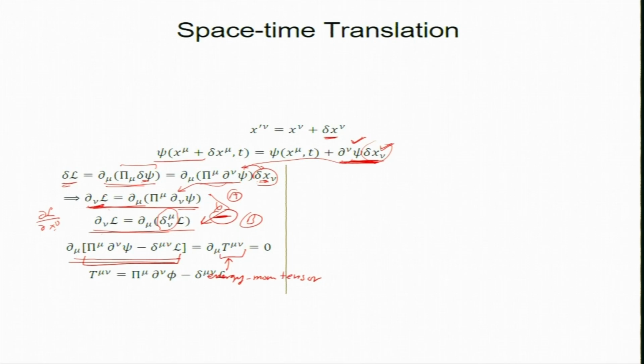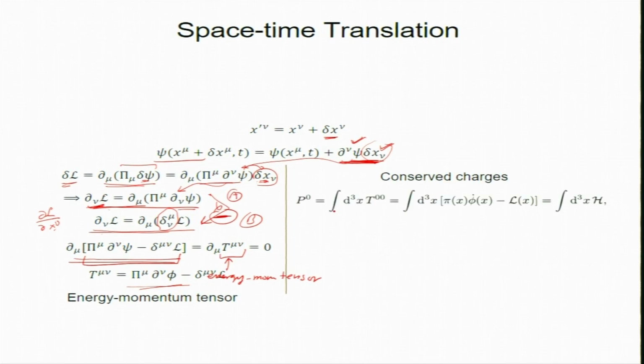Now this T mu nu. The 0th component will be T00, which is nothing but the Hamiltonian. Okay, pi phi dot minus L is the Hamiltonian, and the 0k component is the linear momentum.